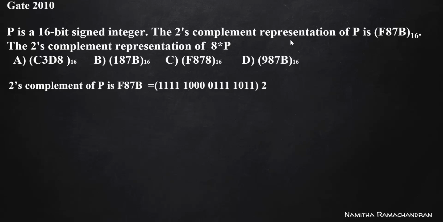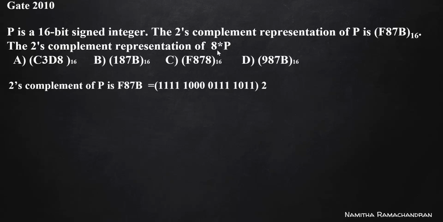In a 2's complement representation of binary numbers, if the MSB bit equal to 1, that means the number is negative. If the MSB bit is 0, that means the number is positive. Here the MSB bit 1, that means P is negative number.